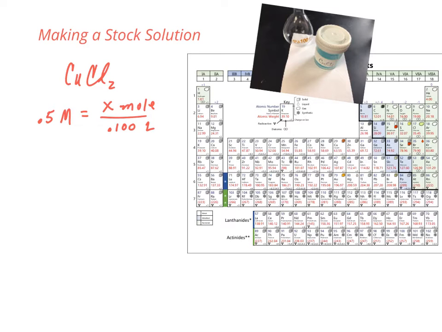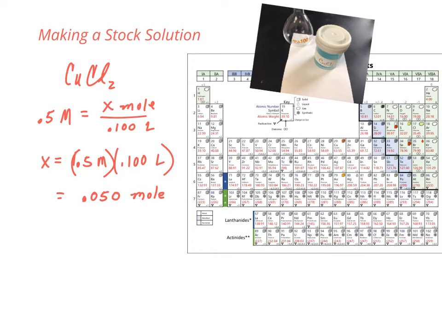To solve for x, x is going to be 0.5 molar, moles per liter, multiplied times 0.100 liters equals 0.050 moles of copper 2 chloride.